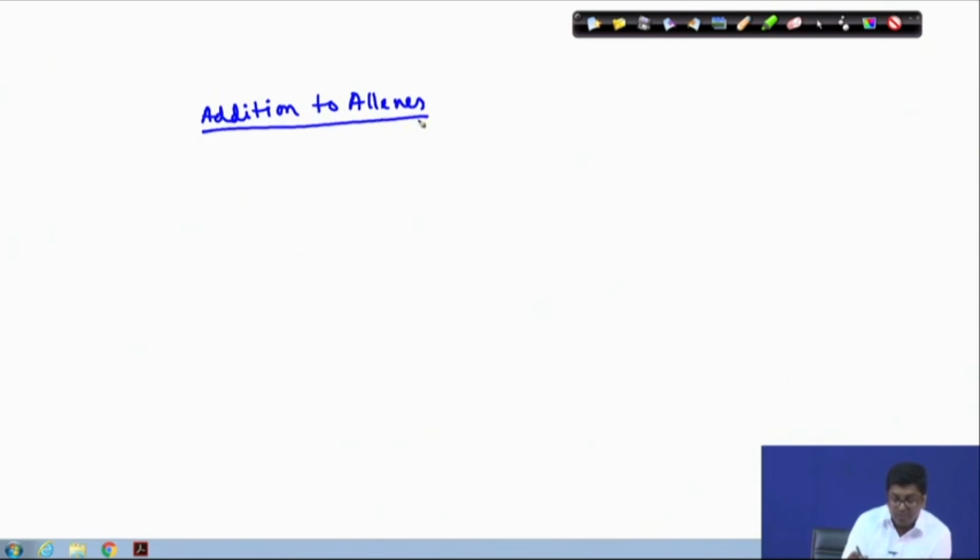So, you know what allenes are? Okay. Allenes are something like this. I am not going into the details of its structure, how their orbitals sit and all those things, but this is some kind of structure of allene. So, now there are also double bonds. So, if you take the carbenes or the Simmons-Smith reagent, how is that going to react with the allene?